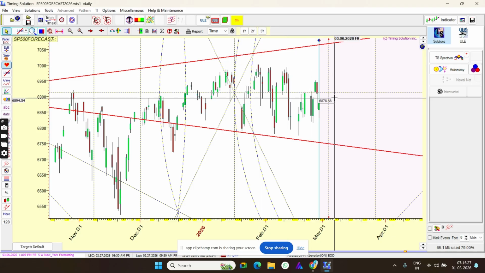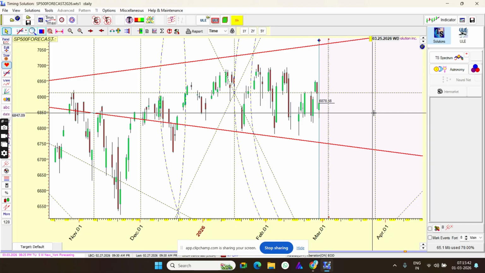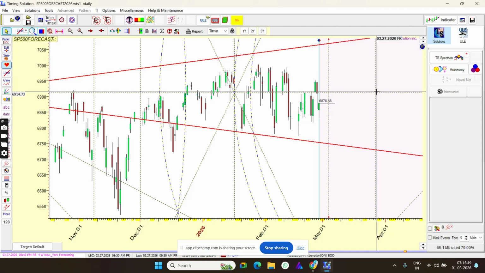Okay, so this price cycle level is going to be very important for S&P. You can note down the level, and the critical dates for this month are going to be 3rd of March and 27th of March. This price cycle level is going to be the trend decider for S&P for the coming month.